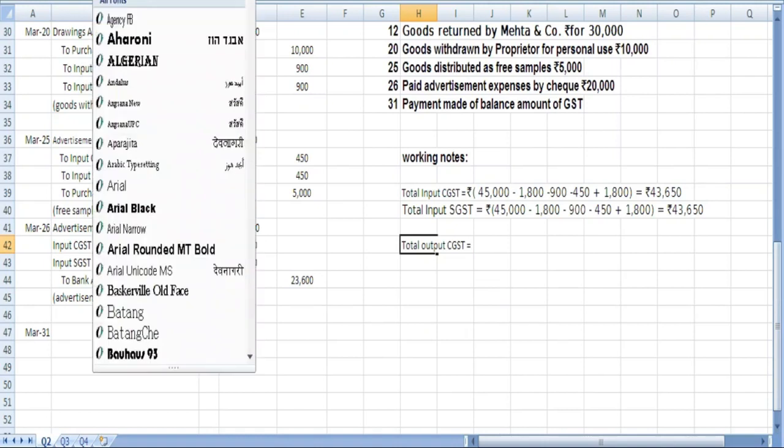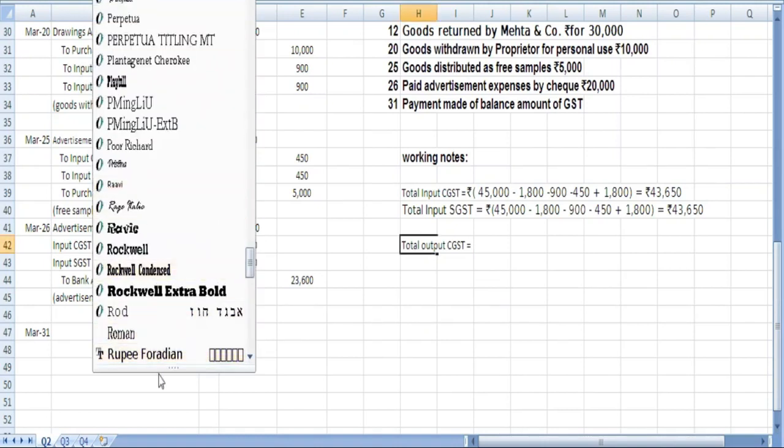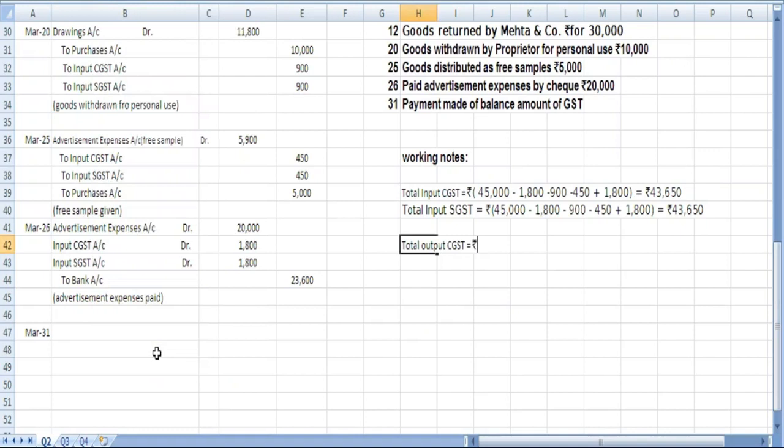So here we will write down, we had 72,000 minus, there was a return of 2,700. So that will come as 69,300.